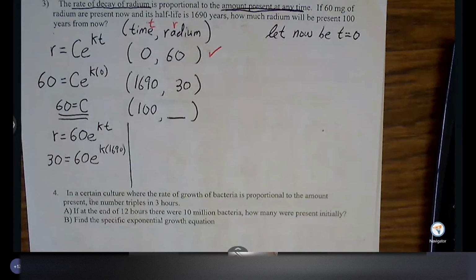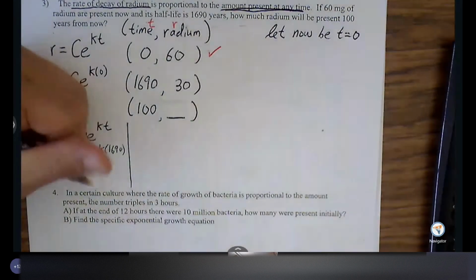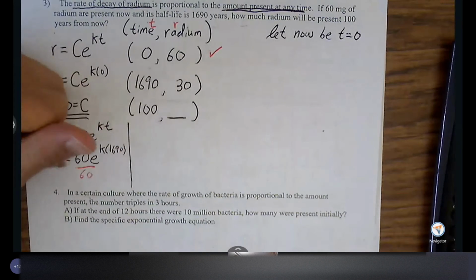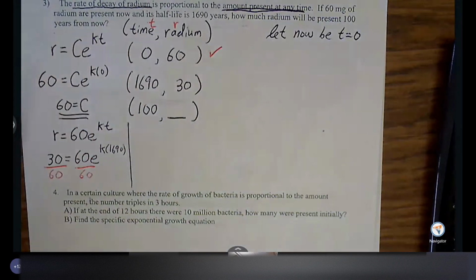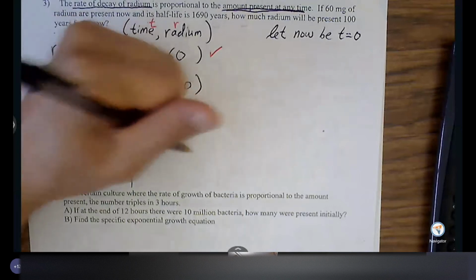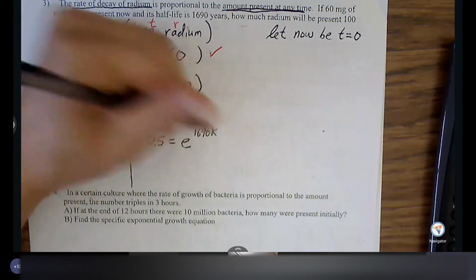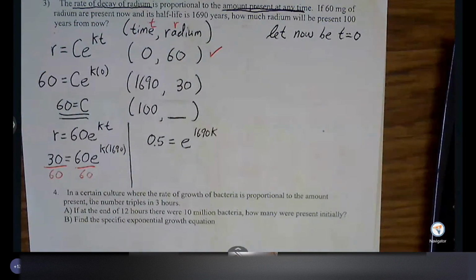I want to get to K, but before I can get to K, I want to get that e to the K by itself. Let's move that 60 over to the left side. Reduce it to be 1/2. I'm going to use 0.5. What's next? Yeah, let's involve natural log on both sides.